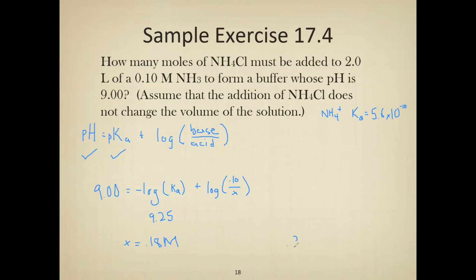So we're going to need 0.36 moles of NH4 plus, or of NH4Cl, however you want to think about it. It's going to be the same. But again, with this one, this is the concentration. We're looking at how many moles. And since we've got 2 liters, this capital M is moles per liter. We would have twice as many moles in the solution as we would in 1 liter. That's why we can just double it here to get the 0.36.